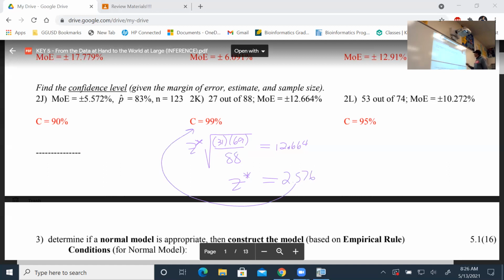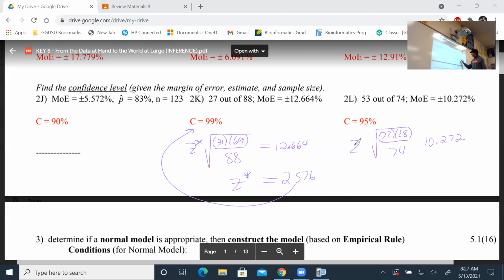And the last one, the margin of error is 10.272, and it's 53 out of 74. So I need 53 divided by 74. That's about 72%. A little bit of rounding error, but 72%. So I got 72.28 over 74.